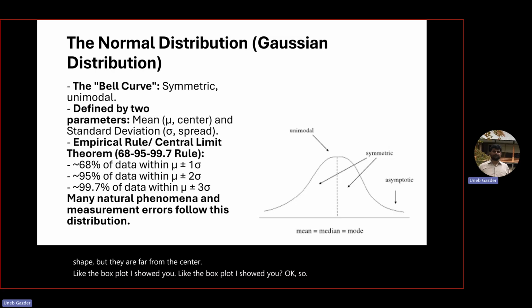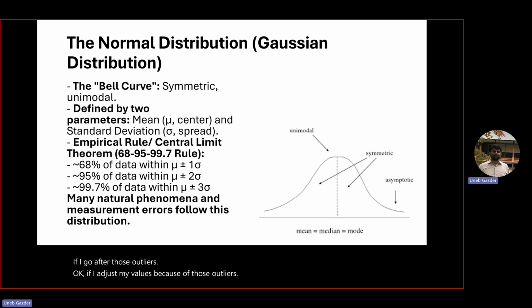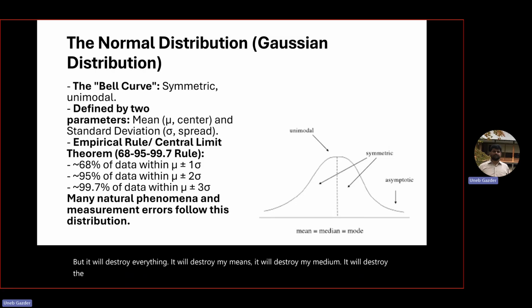If I go after those outliers, if I adjust my values because of those outliers, the number of values I will add to my observations will be very few, but it will destroy everything. It will destroy my mean, it will destroy my median, destroy the whole distribution, the whole shape as well. So you will ruin a lot of things because of a very small percentage of values.